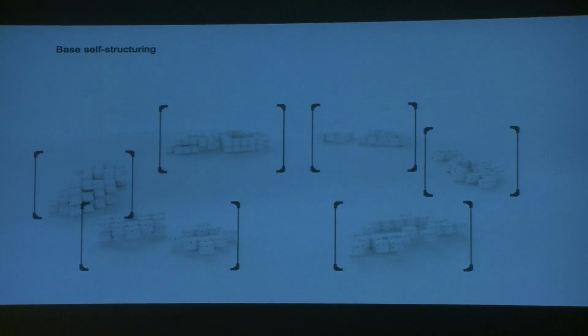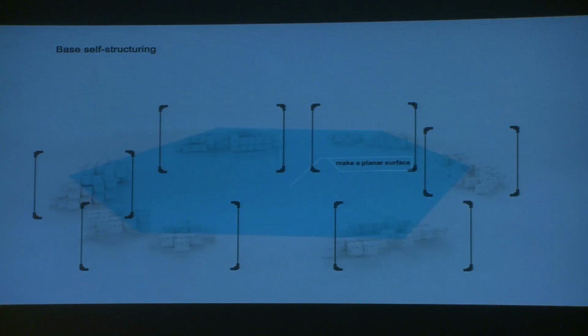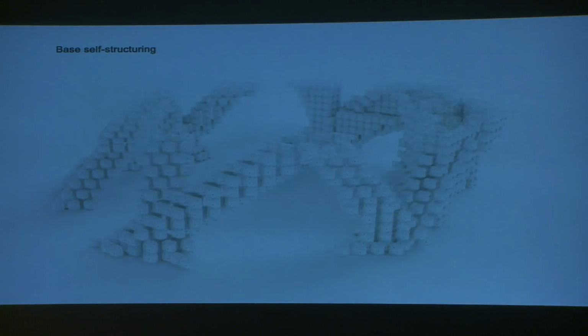The cell structuring of the base layers is created when the ground is not flat. So they're trying to achieve the same height, and then they're ready to start the building process.